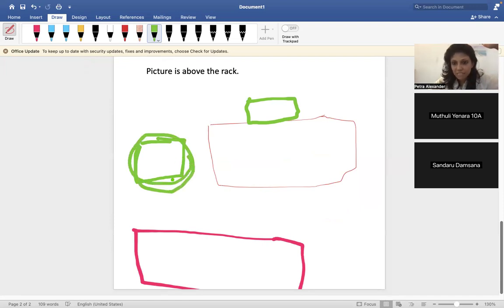On the wall, picture is on the wall. Rack එක උඩ නෙමෙයි, not on the rack, but on the wall, but above the rack like this. Let's say this is the rack and this is the picture. If you say the picture is on the rack like this, this is picture is above the rack, right?